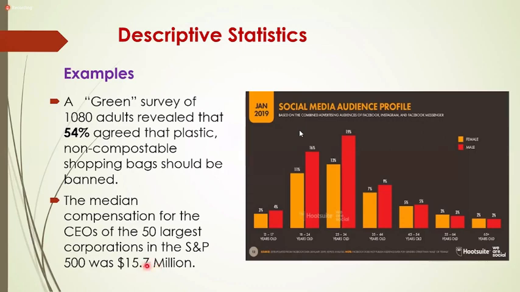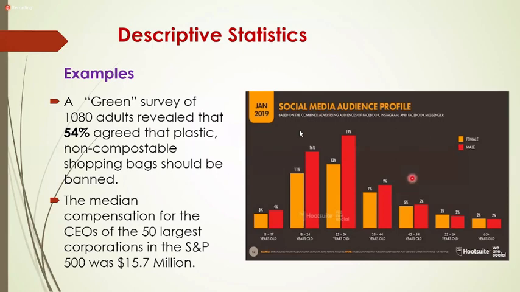So now you see how statistics is very easy. If you read and understand clearly, then there is nothing to it. So in these two examples, we got percentage is a descriptive measure and median is a descriptive measure to describe the data, right?